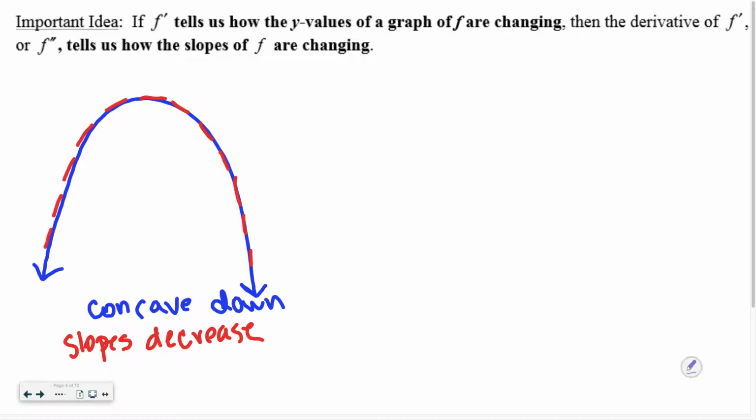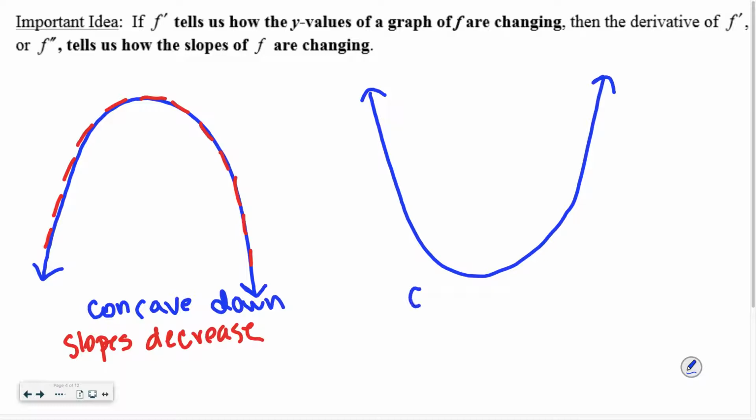Let's talk about this concave up picture. As we go from left to right, what's happening with our slopes? They're getting bigger, right? They start pretty negative, and as we continue left to right, our slopes get bigger and bigger and bigger in numeric value.